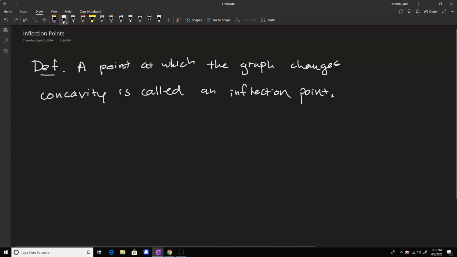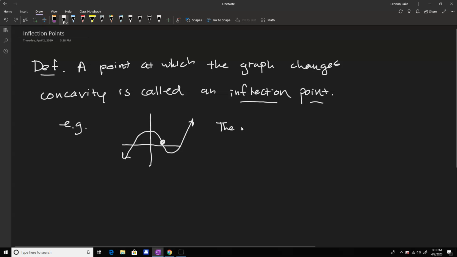So we've seen that before from graphs. An example of such a graph, maybe you could look at a cubic polynomial. Somewhere about here we see the shape of the graph changes from that downward U shape to that upward U shape. So that point there would be our inflection point.